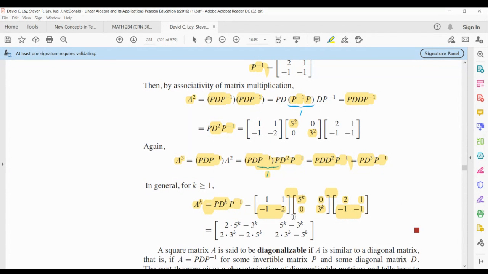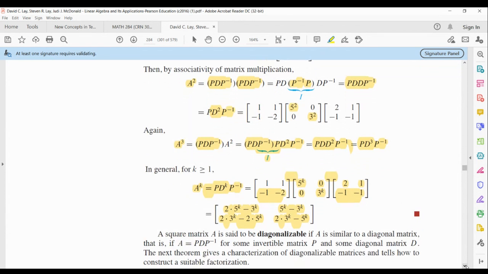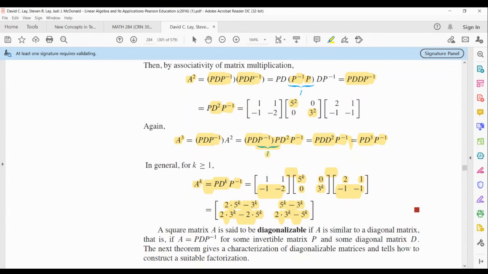But that's just the product of three matrices, and you could figure out all the entries. I don't want to say components, components are for vectors, but you could figure out all the entries. And now, oh my goodness, you have a formula for A to the kth power. Computers like formulas, right?